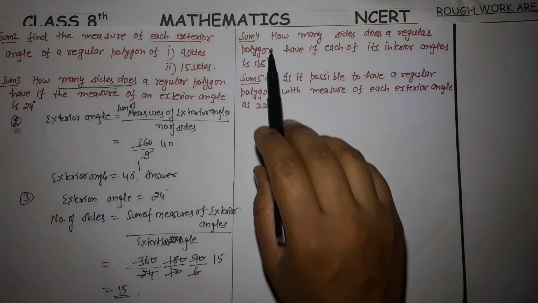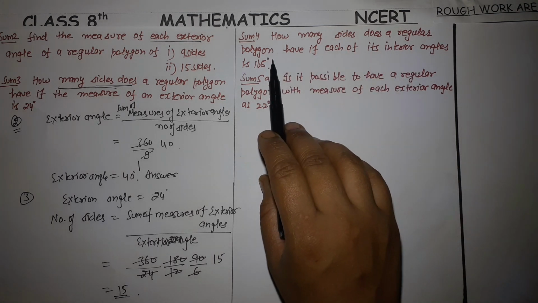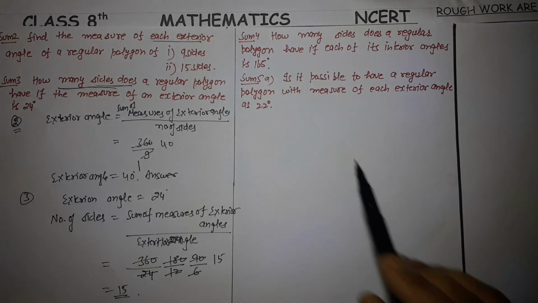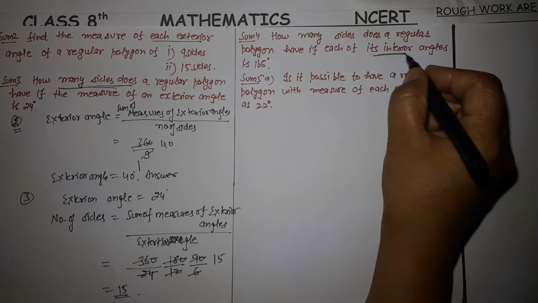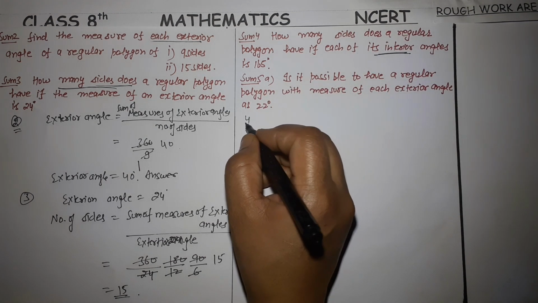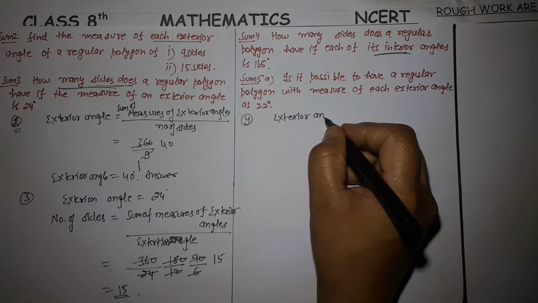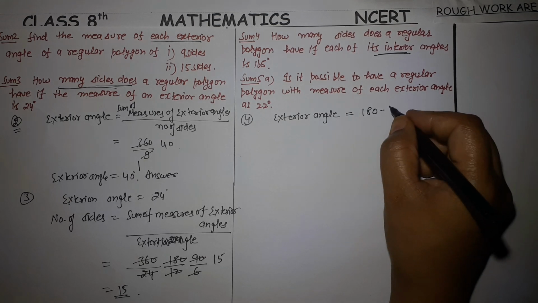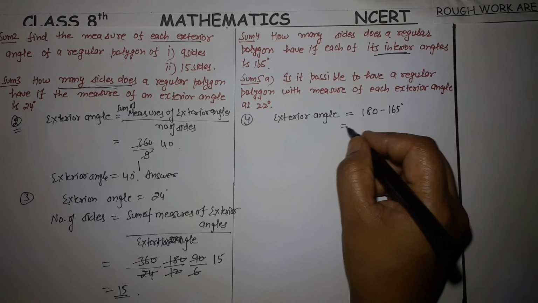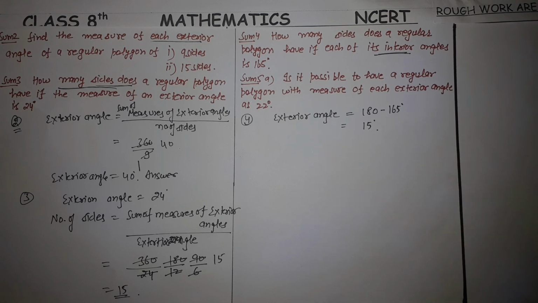Sum number 4. How many sides does a regular polygon have if each of its interior angle is 165? This one is the interior angle. First we will find its exterior angle. Exterior angle will be equal to 180 minus interior angle, that is 165, equals 15 degree.